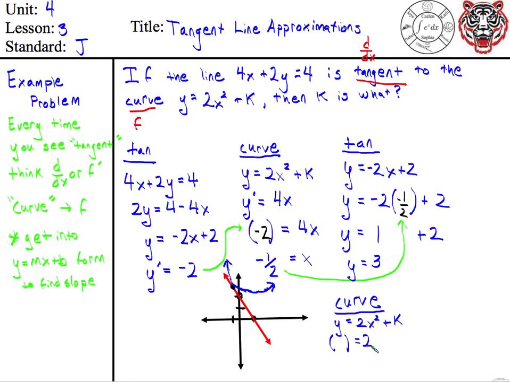I'm going to rewrite the problem, giving us room to plug in. So y was 3, x was negative 1/2.